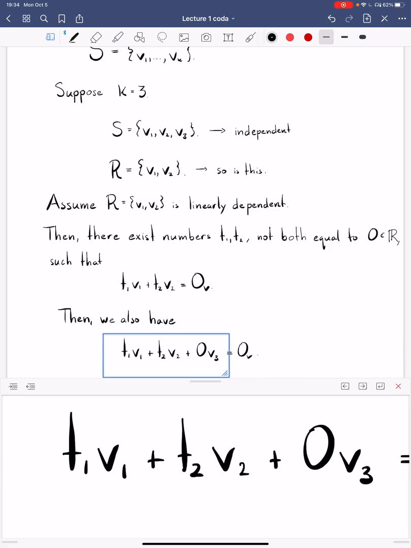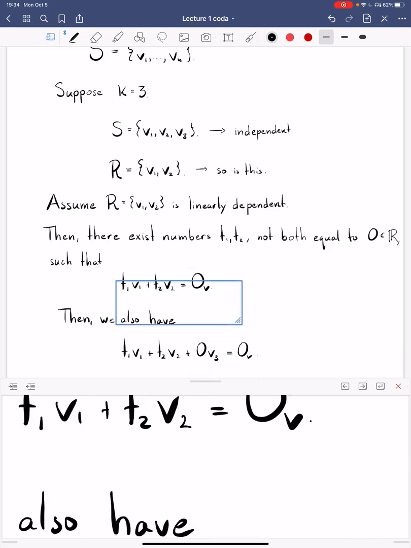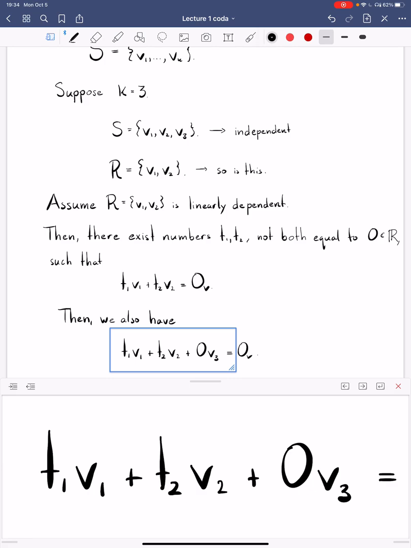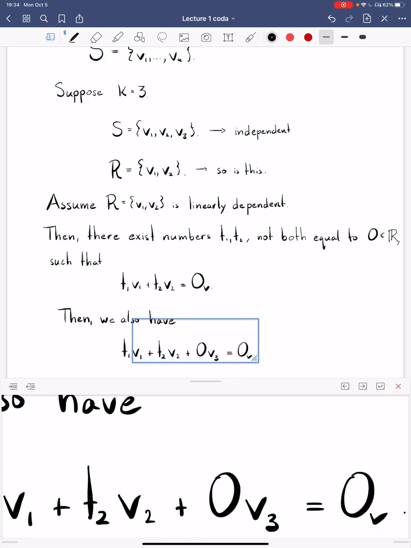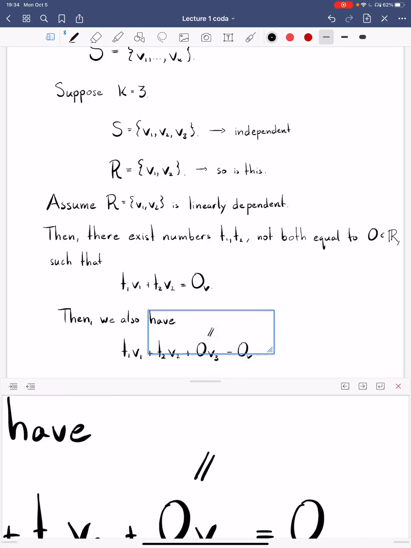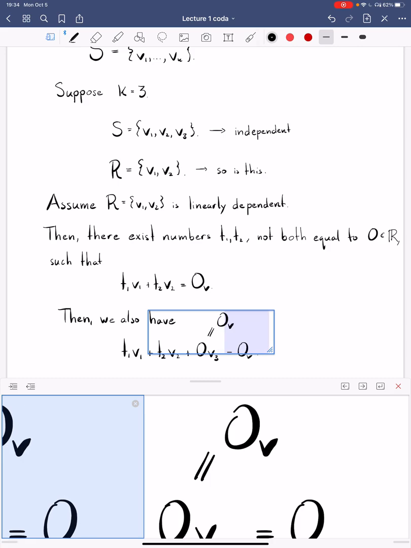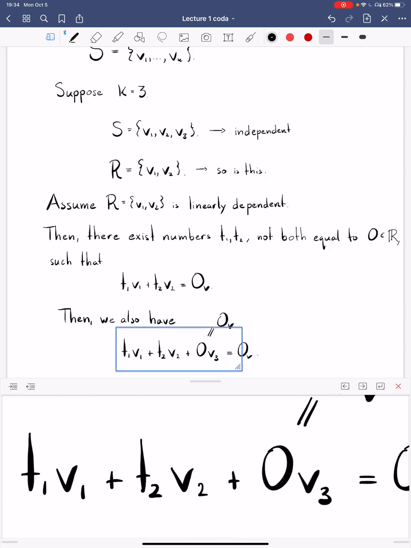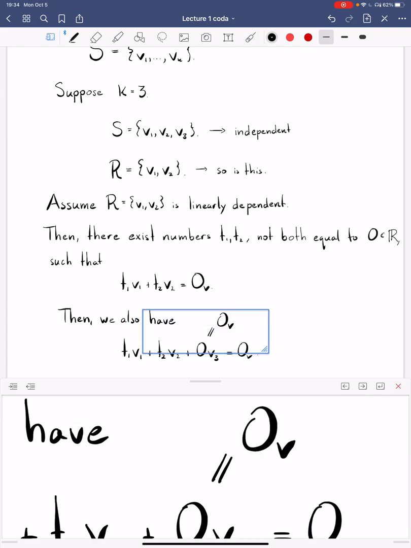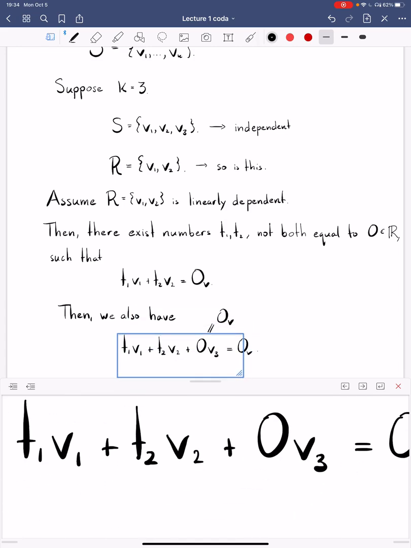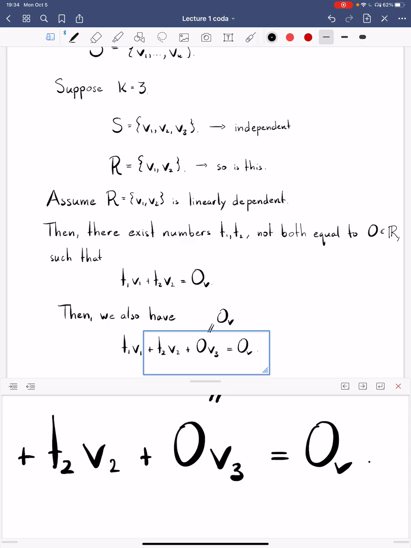This is true, right? If this equation is true, so is this equation, all right? And why is that? It's because 0 times v3 is just equal to the 0 vector, right? And this left-hand side is t1 times v1 plus t2 times v2 plus the 0 vector. So that doesn't change anything, so it's still equal to the 0 vector.